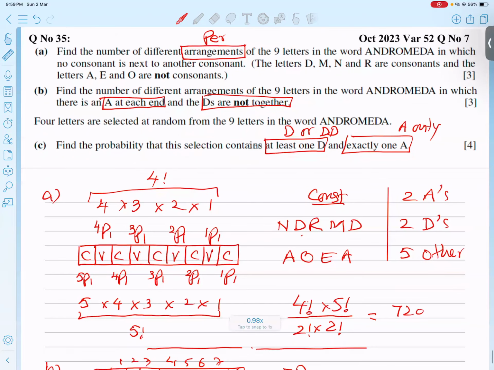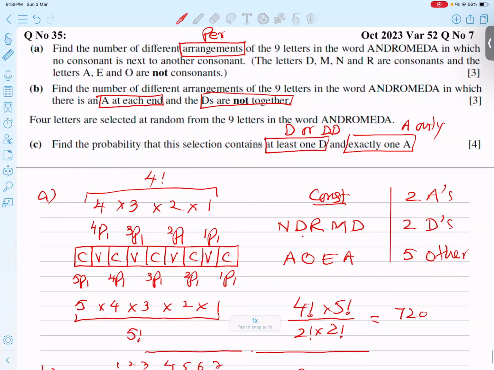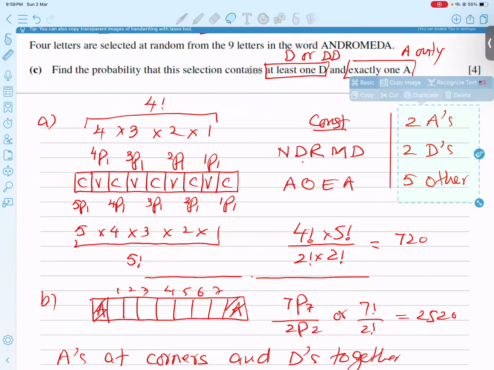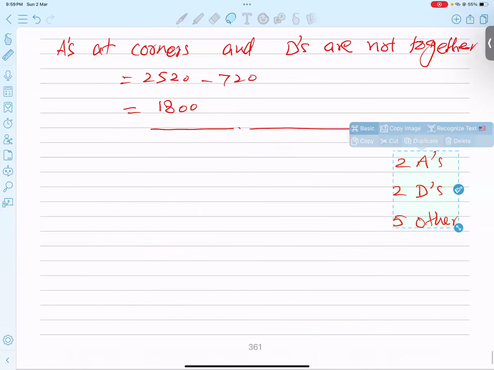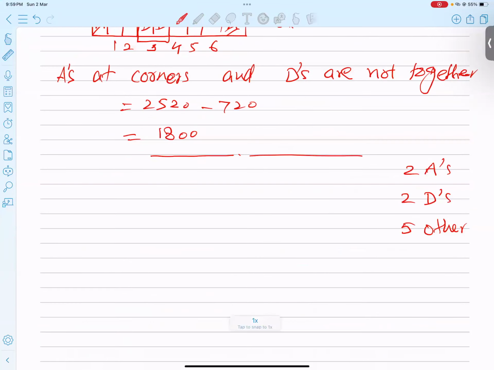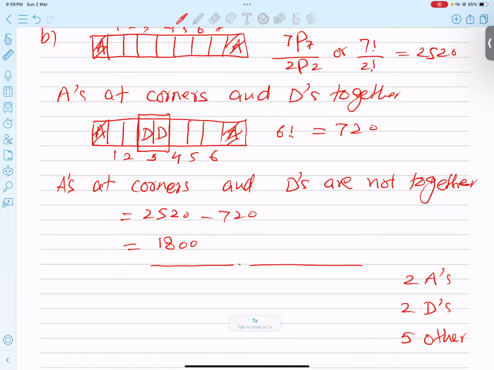Before I start, I will copy this idea and paste it here, because we cannot work without this. First of all, we have a few conditions. He said at least 1D. At least 1D means 1 or 2Ds.